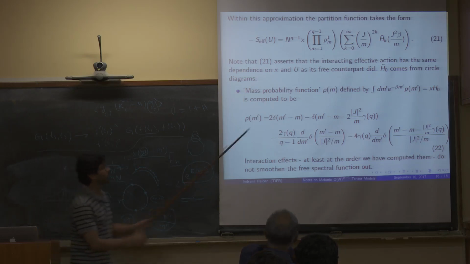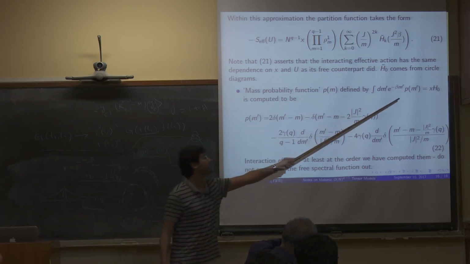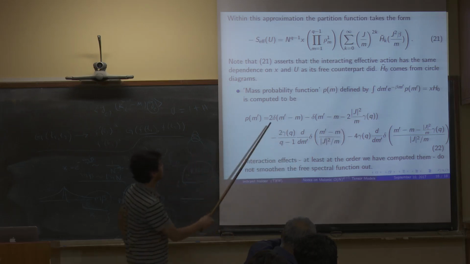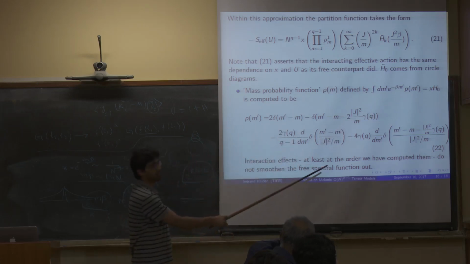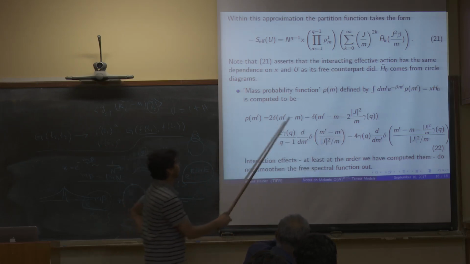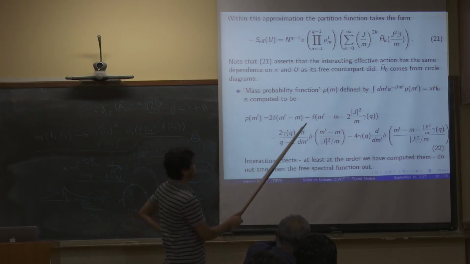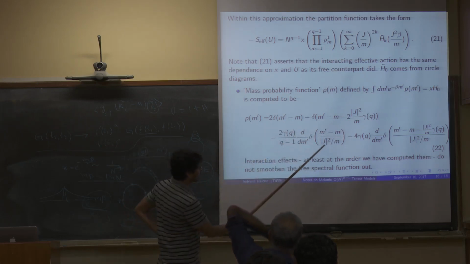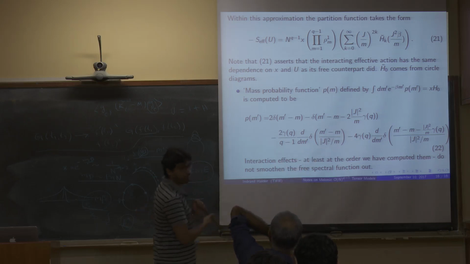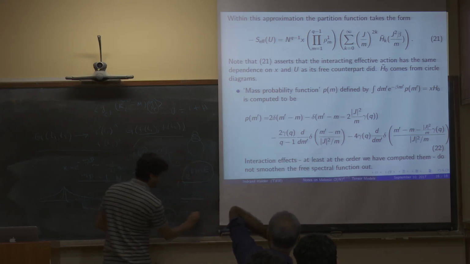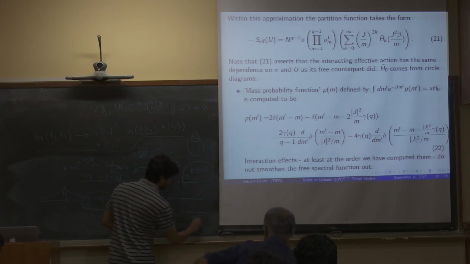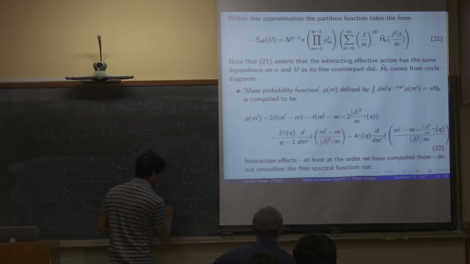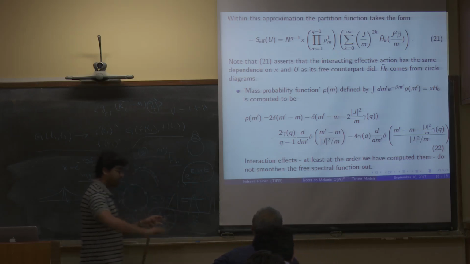But what we get after calculating this explicitly is a collection of delta functions and derivatives of delta functions, where the mass gets shifted a little bit, by a width of J square by m. So these are delta functions, but still they are delta functions. So they do not get widened much larger than this.